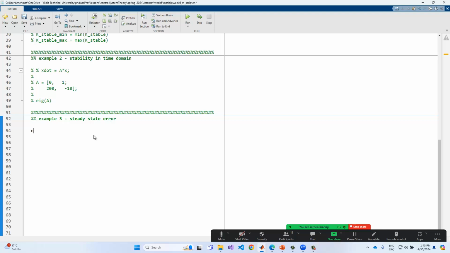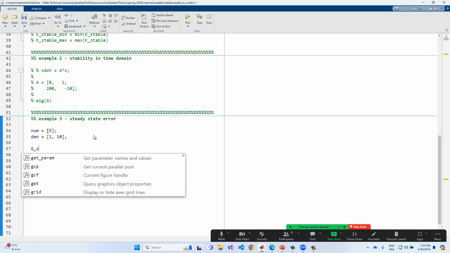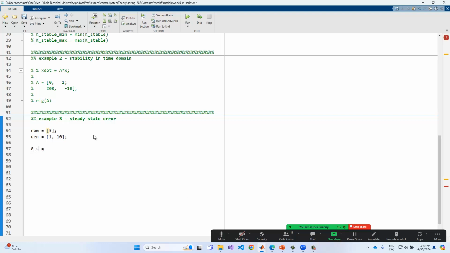Just remember that we can define the numerator in here just like this one, 5, and the denominator as 1 and 10. Okay, for this signal representation. And so we can use the TF function to generate the GS signal, or in another term TS1.